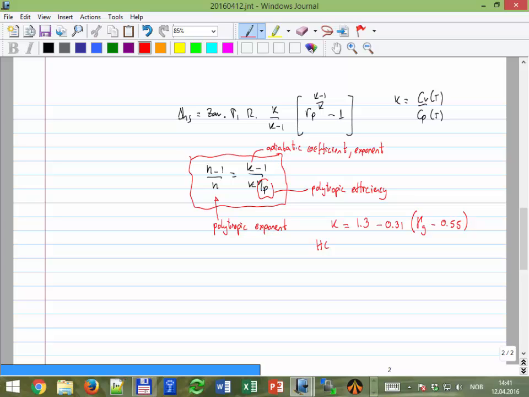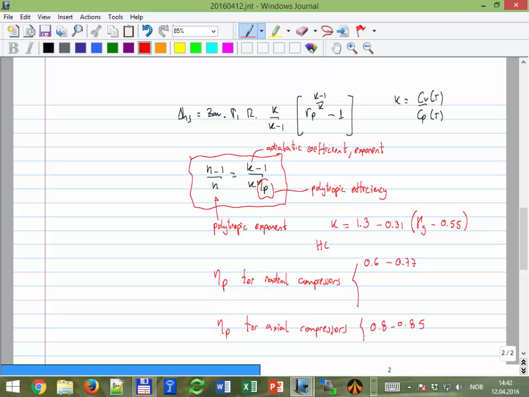Before we go into the exercise, we can say that for radial compressors, the efficiency typically goes between 0.6 and maybe 0.77, and for axial compressors it can be greater, usually between 0.8 and 0.85 more or less.